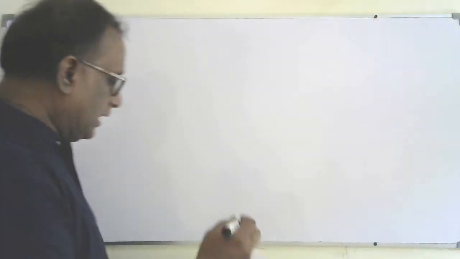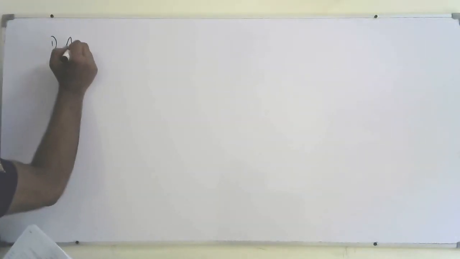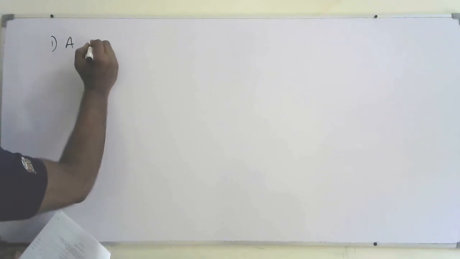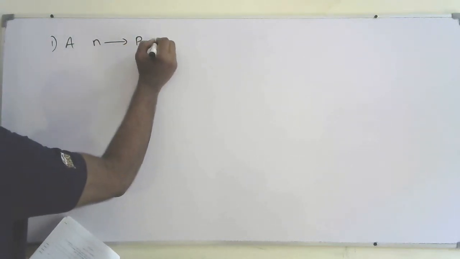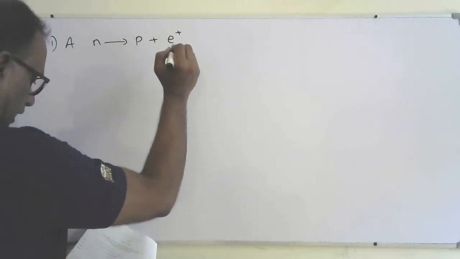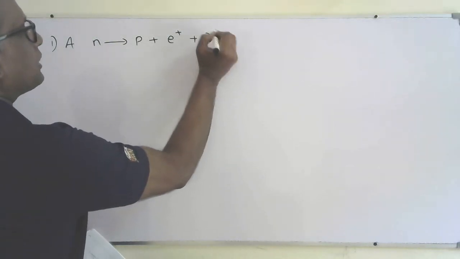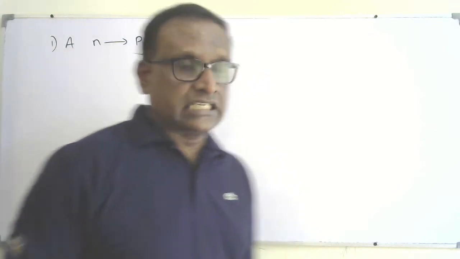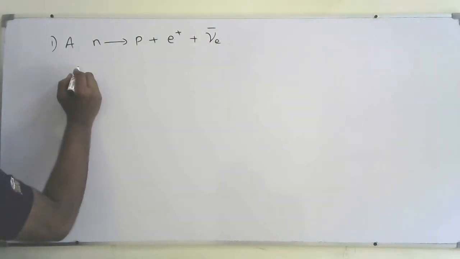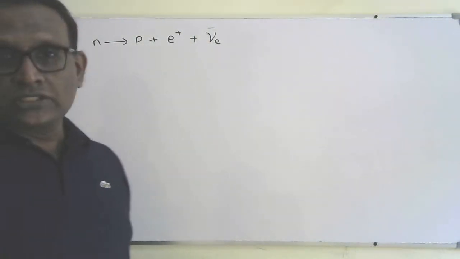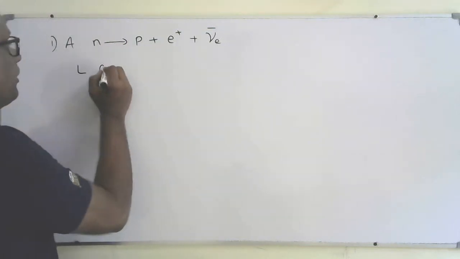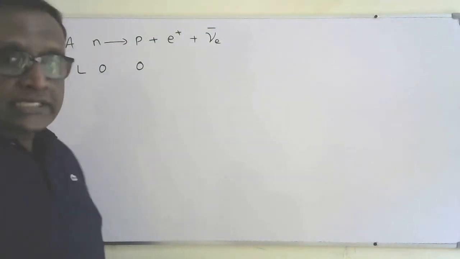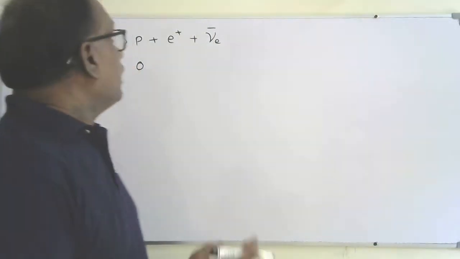The first one, answer A, says a neutron decays into a proton, a positron, and an anti-electron neutrino. Here lepton number is not conserved. Neutron is a baryon, so its lepton number is 0. Proton is also a baryon, so its lepton number is 0.